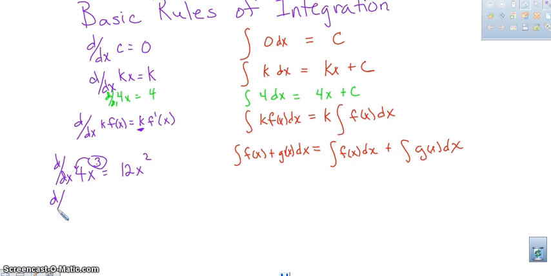In general terms, if you had just x to the nth power, we moved the n in front, so we get nx raised to the n minus 1. So if you're integrating, we also have something called a power rule for integration. And this one we use quite a bit, just like the power rule in differentiation.